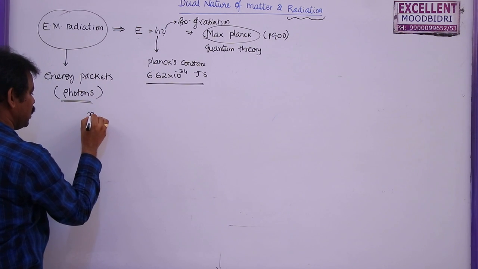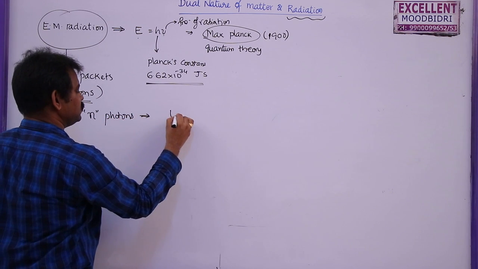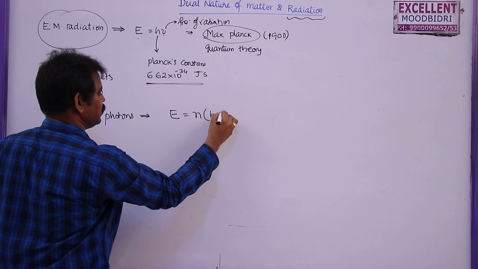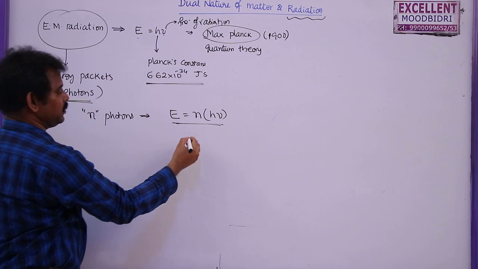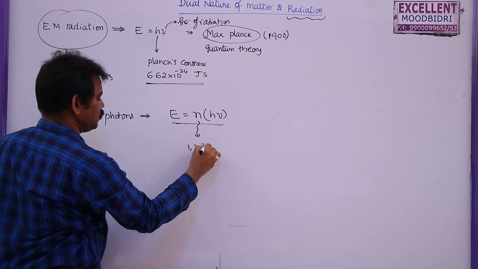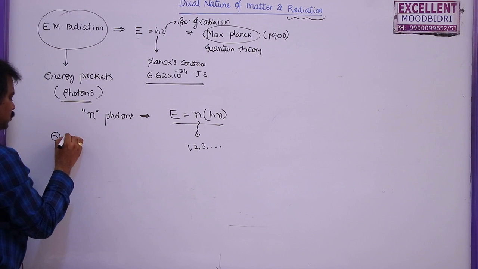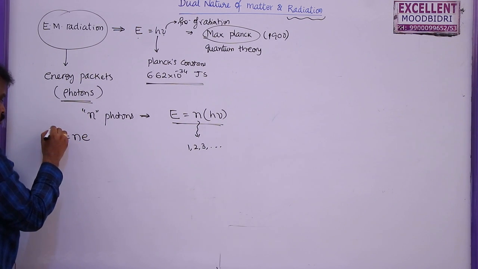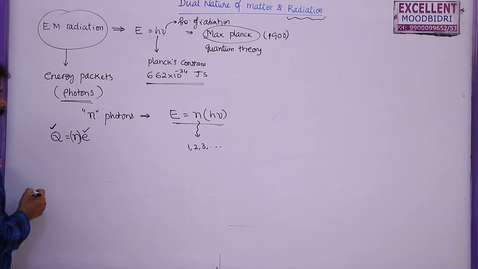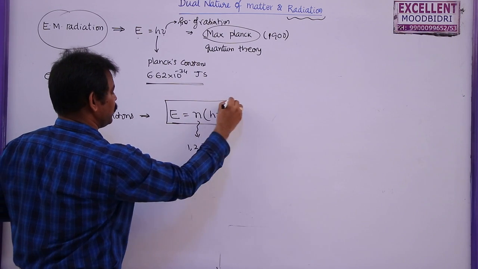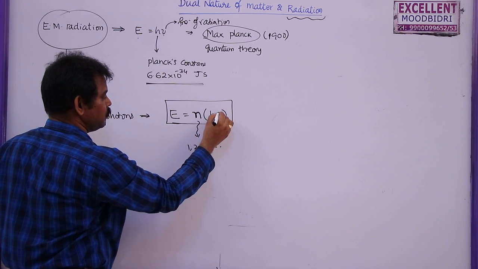If there are n photons, the total energy of these n photons is given by E is equal to n h nu. So this is nothing but energy of electromagnetic radiation is quantized, where n can be 1, 2, 3, 4 and so on. Just like in electrostatics, we studied Q is equal to Ne: the total charge on a body is an integral multiple of the charge of the electron. Similarly, the energy of electromagnetic radiation is an integer times h nu, where nu is the frequency.